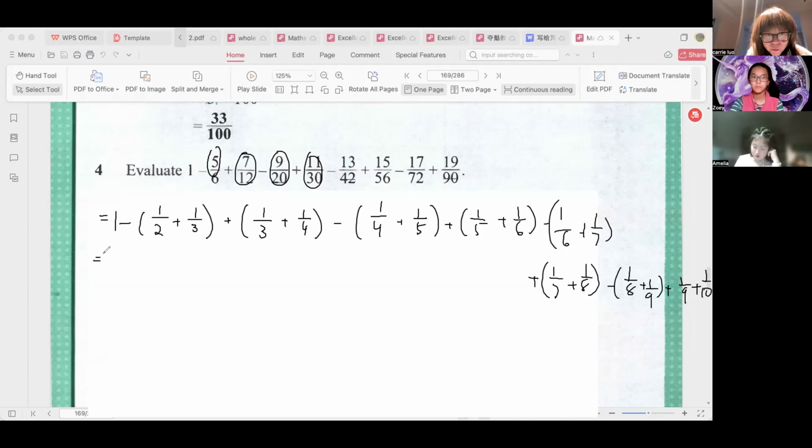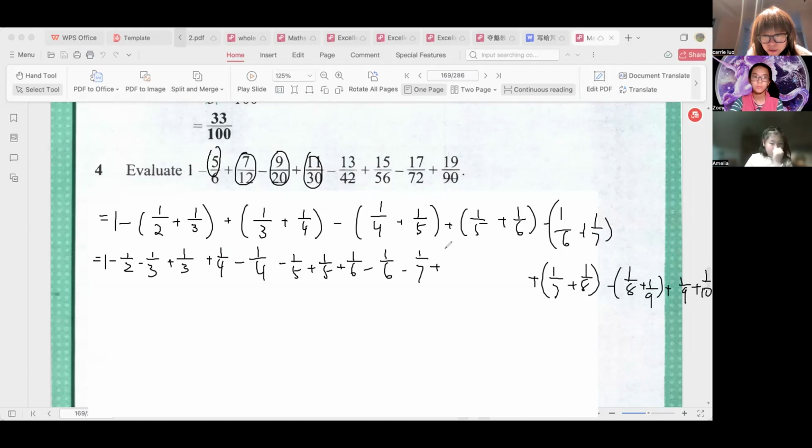So 1 minus half minus third plus 1 over 3 plus 1 over 4 minus 1 over 4 minus 1 over 5 plus 1 over 5 plus 1 over 6 minus 1 over 6 minus 1 over 7 plus 1 over 7 minus plus 1 over 8 minus 1 over 8 minus 1 over 9 plus 1 over 9 plus 1 over 10.